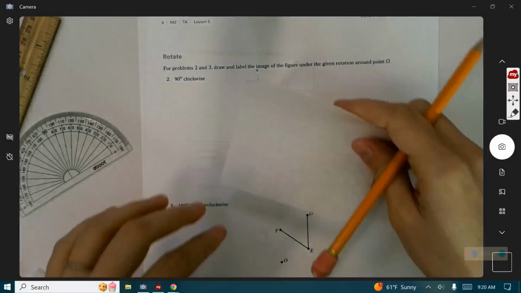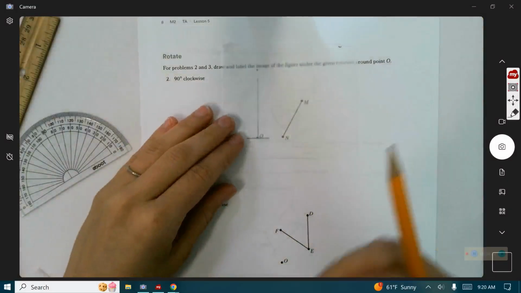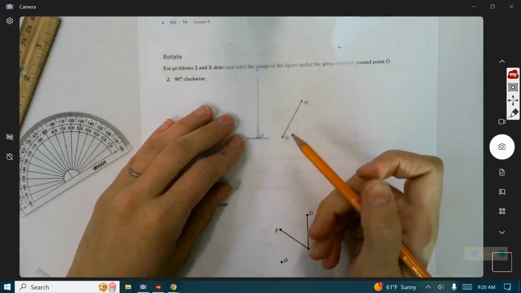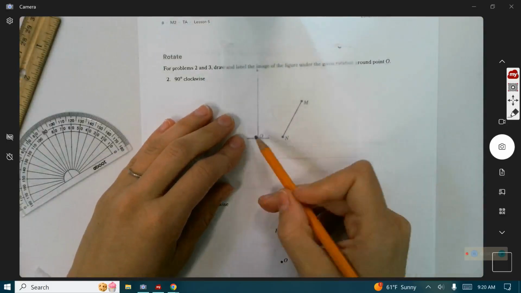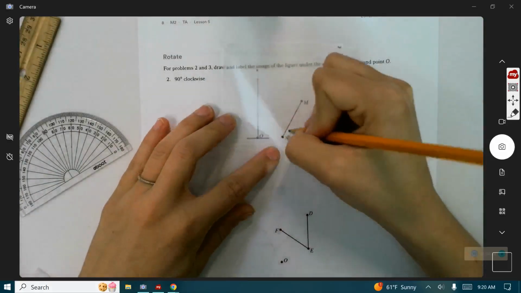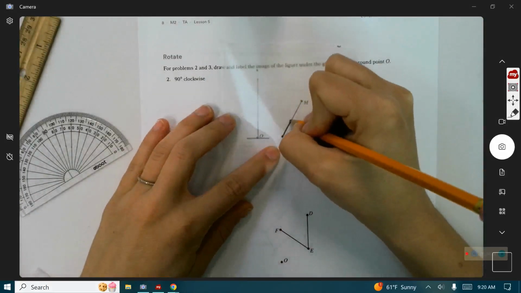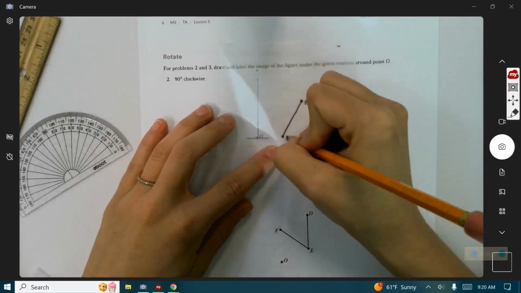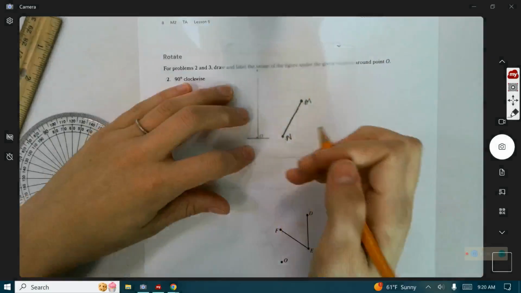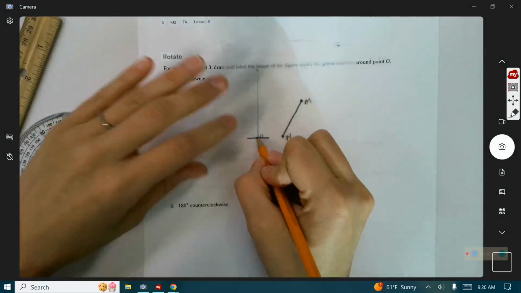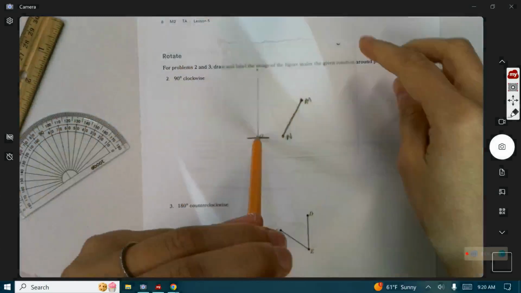Alright, so I am making sure to trace the figure, and I need to make sure that O also fits on my tracing paper so that I can rotate all at the same time. So tracing N and M. And then we're going to trace the line through O, and it says clockwise, so we're turning the way that the clock turns.